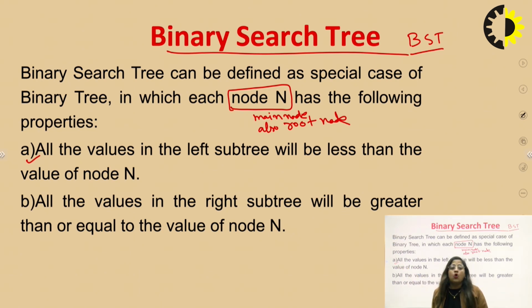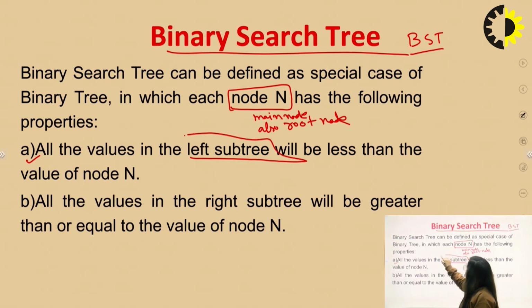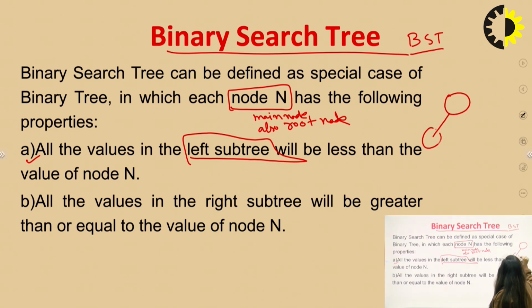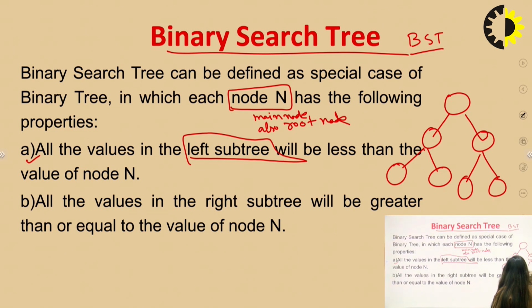First one: all the values of the left subtree will be less than the value of node n. We take an example here. This is the root. This is called a simple binary tree. What is a binary tree?